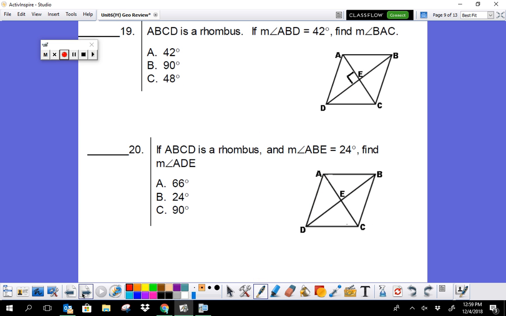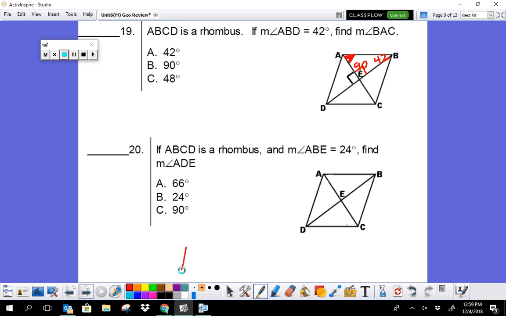Number 19, ABCD is a rhombus. The measure of ABD is 42. Find the measure of BAC. So they're wanting this angle right here. Okay, so what we also know is that where this E is, that's a right angle. So that's 90. And now I have that triangle up there that I can figure out the third angle for.